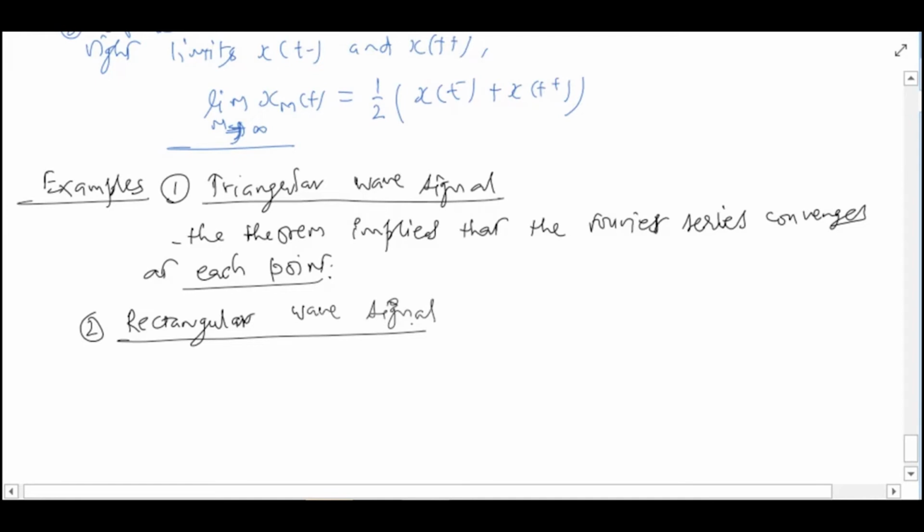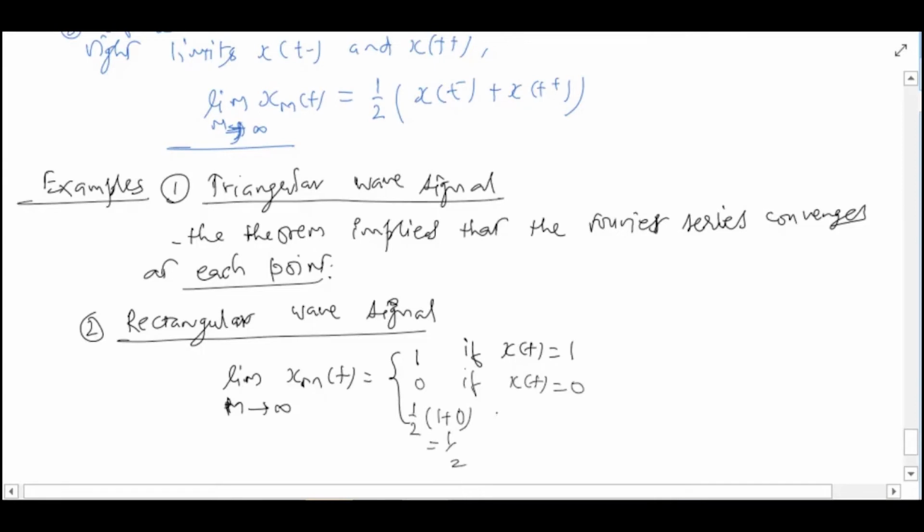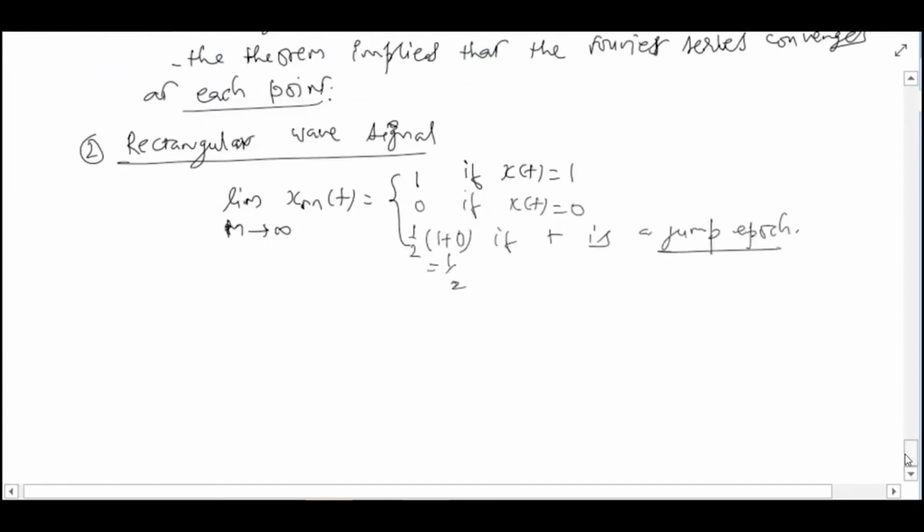Then the above theorem implies that the limit as m tends to infinity of x_m(t) will be the same as x(t), that is 1 if x(t) is 1, 0 if x(t) is 0, and it will be half of 1 plus 0, that is half, if t is a jump instant, a jump epoch. So this is about convergence of Fourier series.